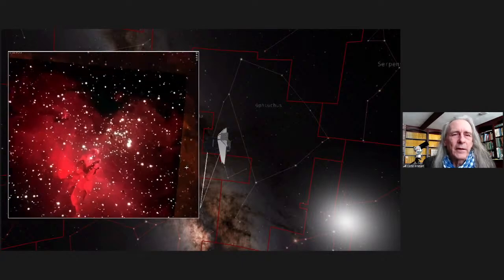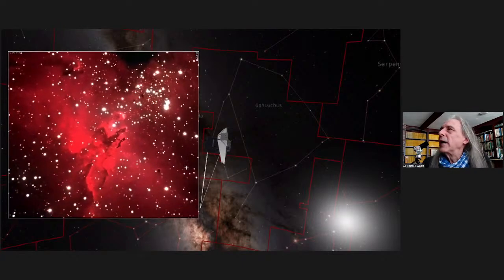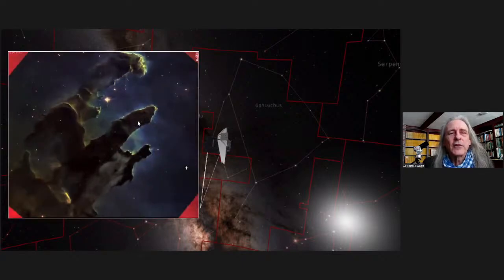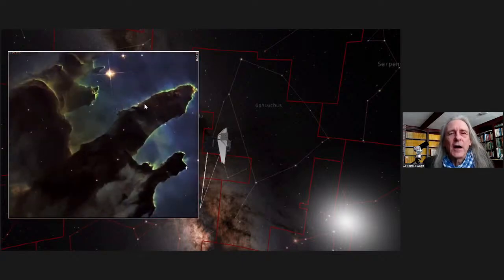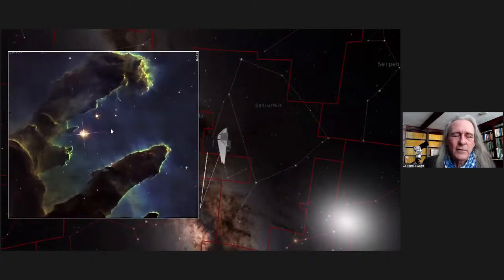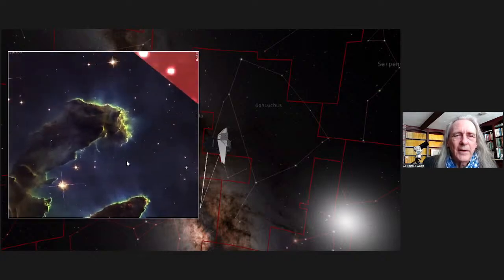But let's zoom in on that. This is one of the most famous Hubble pictures, called the Pillars of Creation. And there we see how much more resolution the Hubble could see. And once again, the James Webb is 3 times the mirror size of the Hubble. Let's zoom in here.